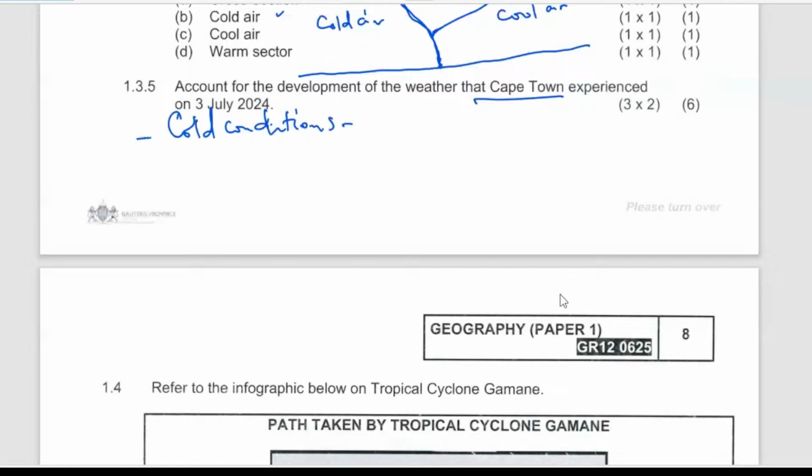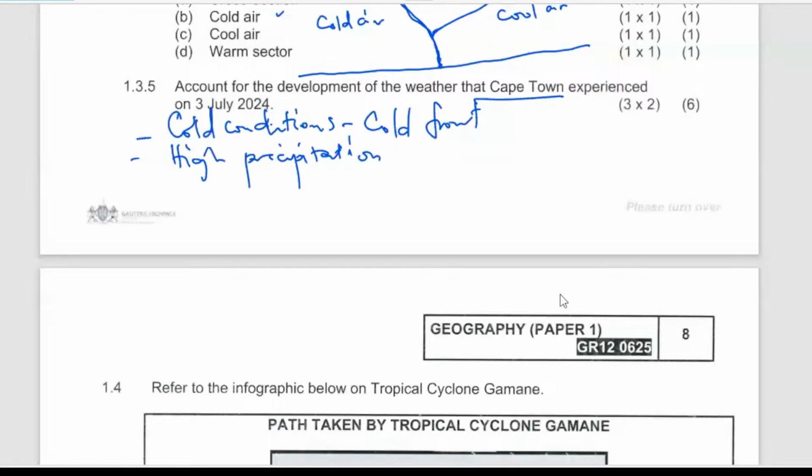And where is it coming from? What's the reason for the cold conditions as the mid-latitude cyclone is coming? We are looking at the coming of the cold front. The cold front is going to bring in cold conditions in Cape Town. And we can also talk of high precipitation. We experience high forms of precipitation around Cape Town as the cold mid-latitude cyclone approaches.